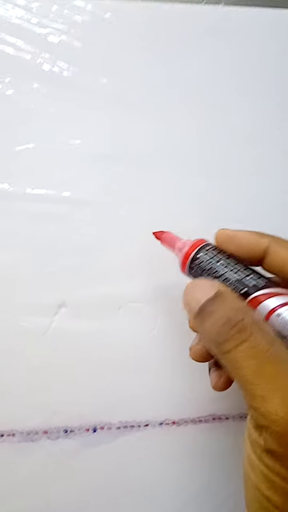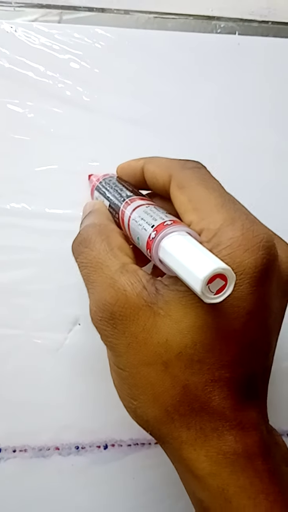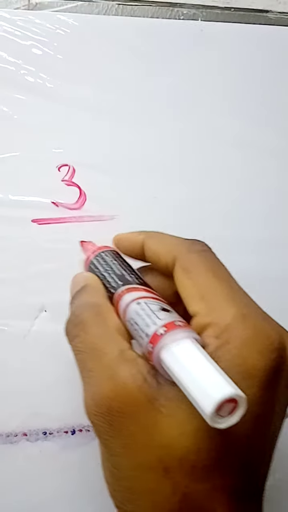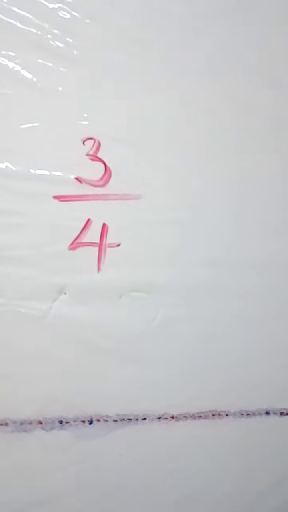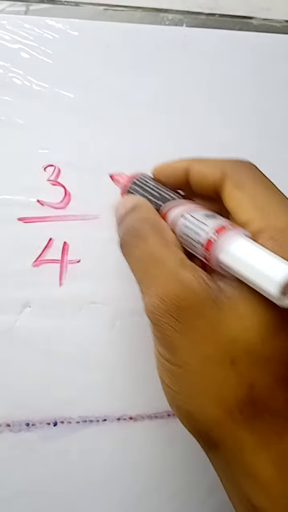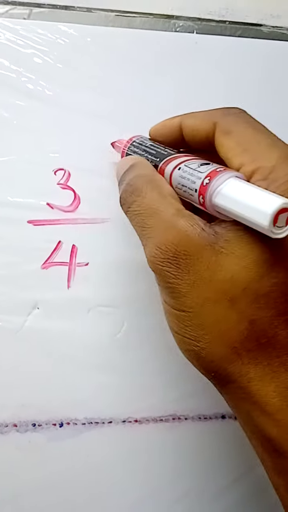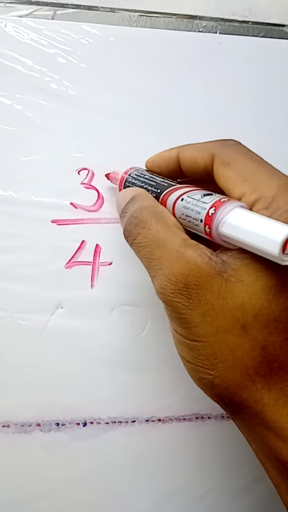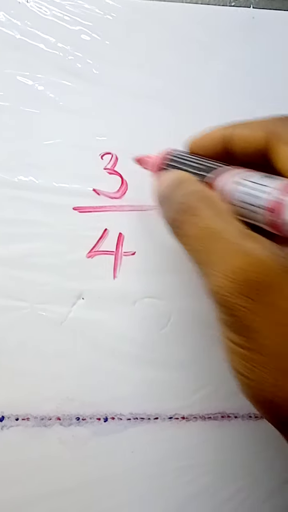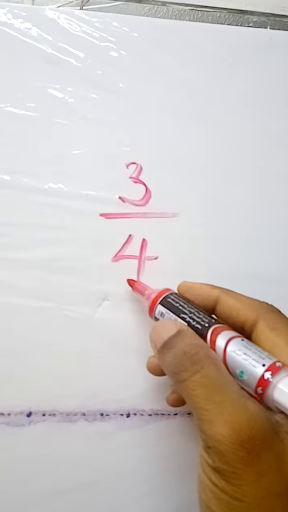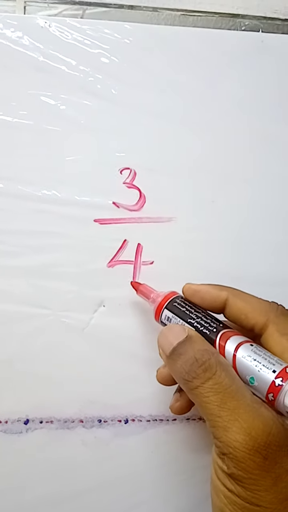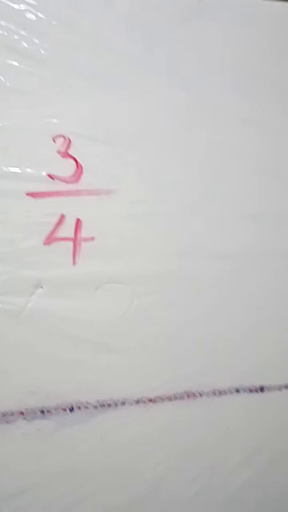All right, so in yesterday's lesson we explained how we can form equivalent fractions when we gave some examples. Remember, we said that if we have this fraction 3/4, for example, the number on top is called the numerator, and the number below, that is the bottom, is called the denominator.